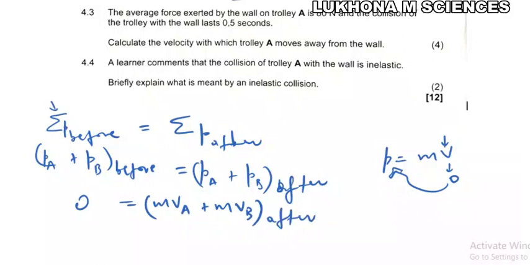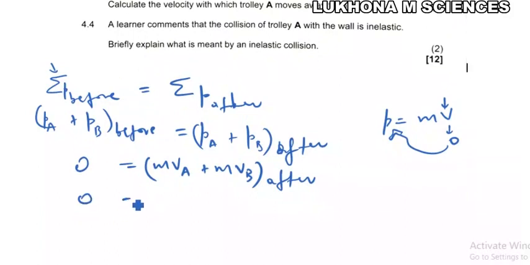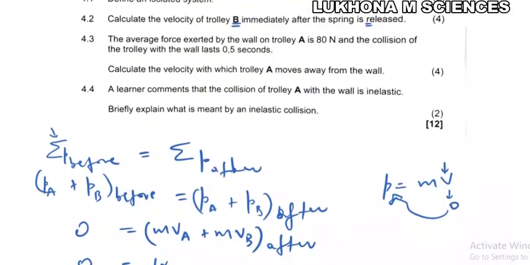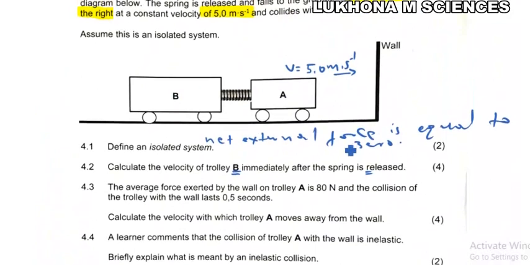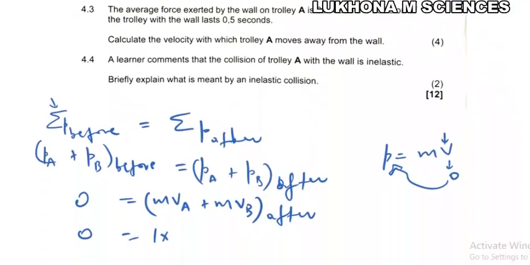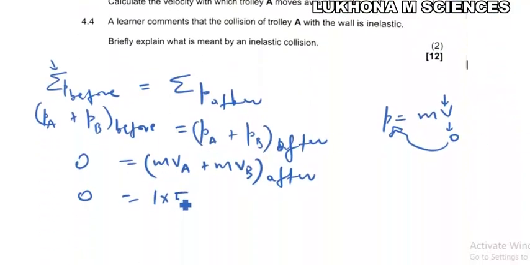So let's substitute. The mass of A is 1 kg. The velocity of A after they were released is 5 meters per second to the right. Let's take right as positive, which means our 5 will be positive. So we have 5 plus the mass of B, which is 2, then the velocity of B is what we are looking for. 5 times 1 is 5.